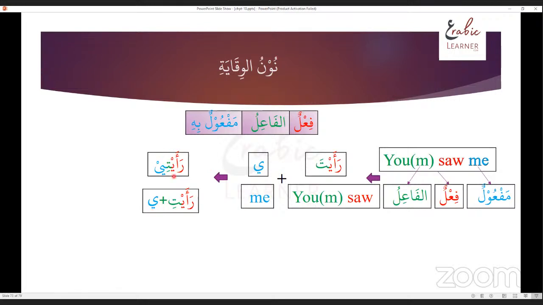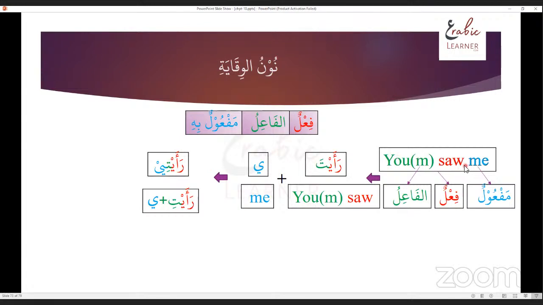Understood, brothers and sisters? But Ra'aiti means you, feminine, saw. So it will become "you, female, saw me." But what I want is "you, male, saw me."